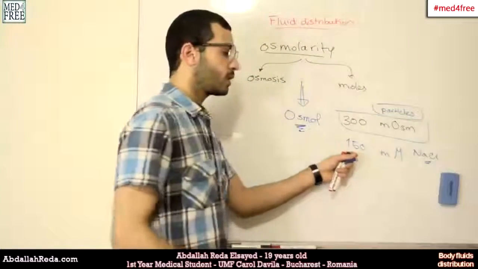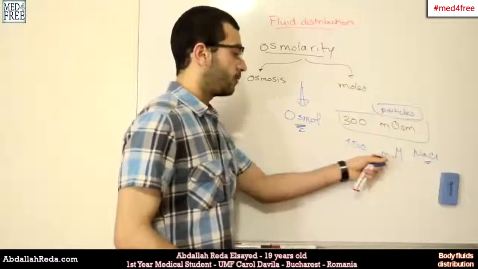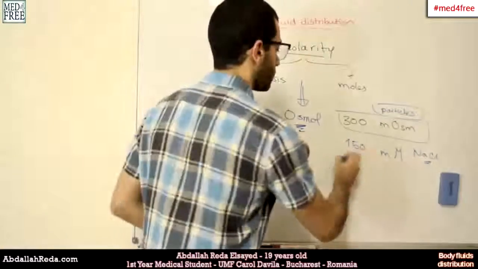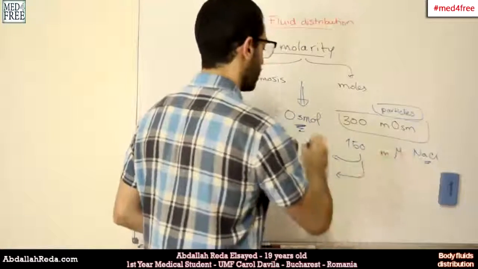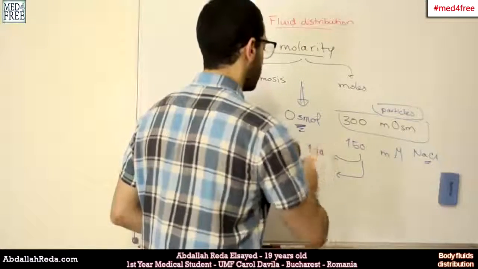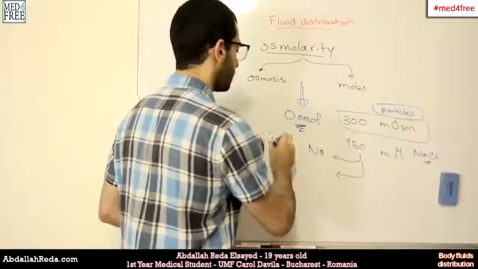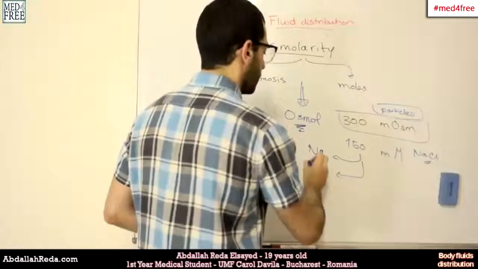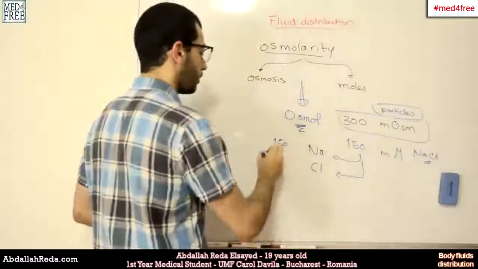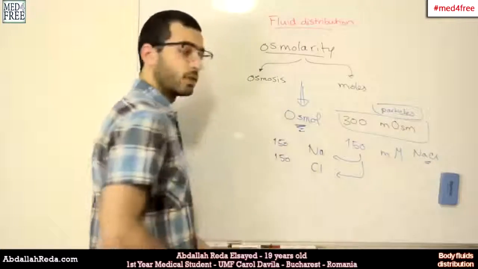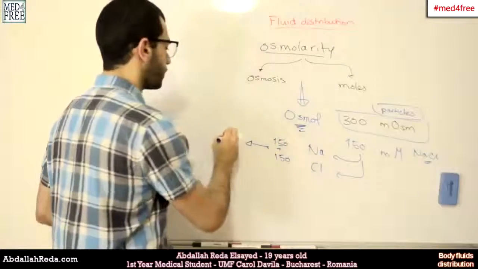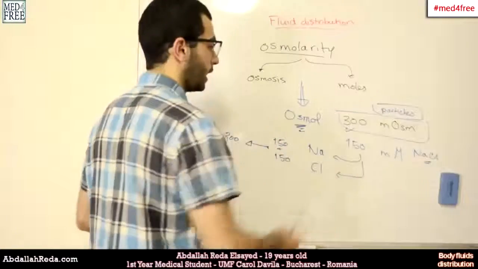So when I say 150 millimoles of sodium chloride, this will give us 2 types of ions. We have sodium, which will have 150 ions of sodium, and chlorine, 150 ions of chlorine. Sum them up together, you will get 300, the same number here.